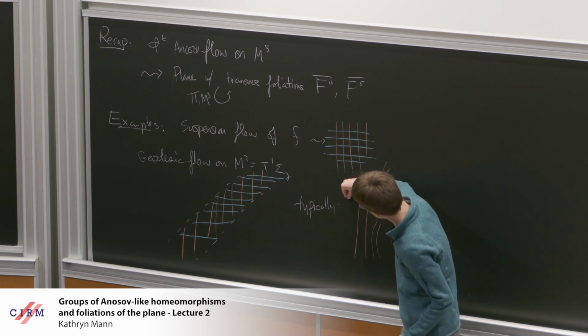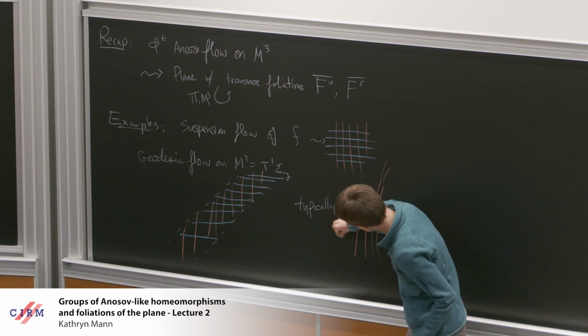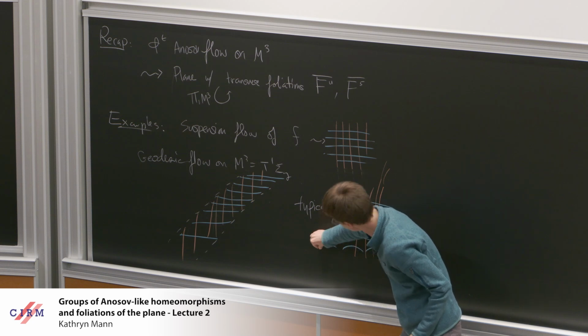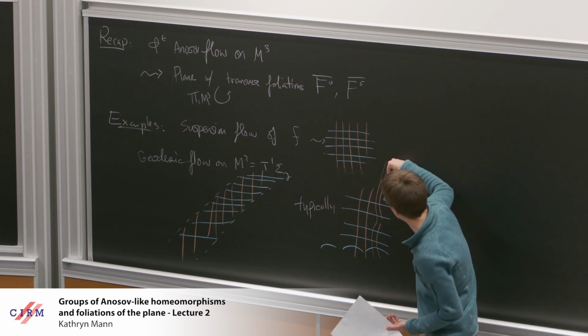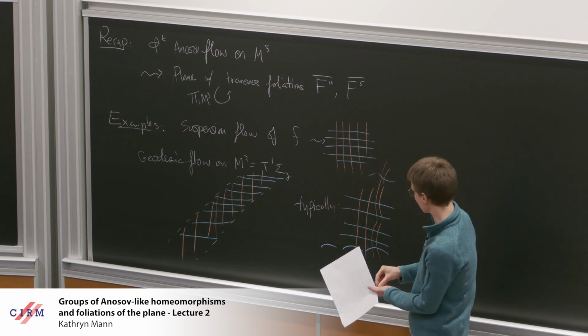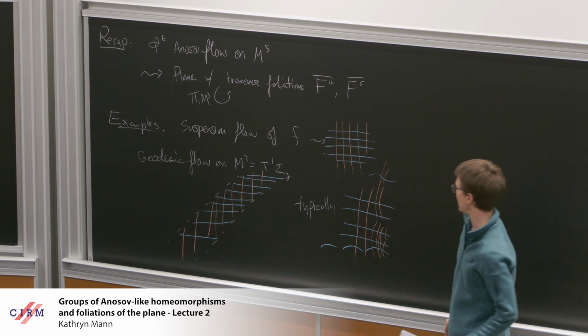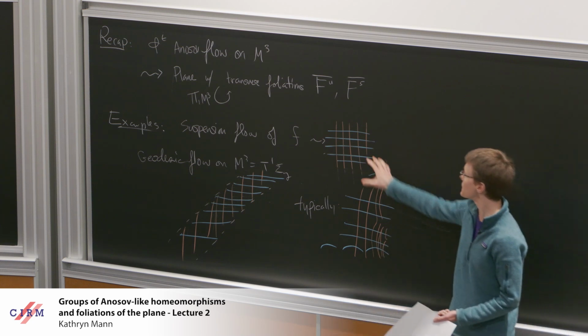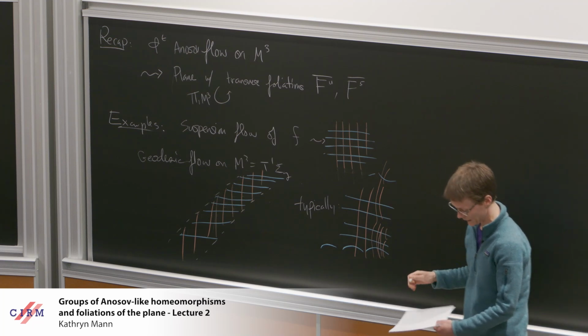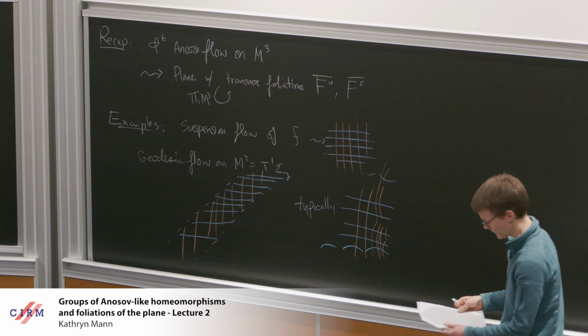And this will happen also in other directions, and maybe also going up, and also at different scales. So maybe now here's another sequence with many limit points, etc. So typically the leaf spaces of these two foliations are quite complicated. Okay.